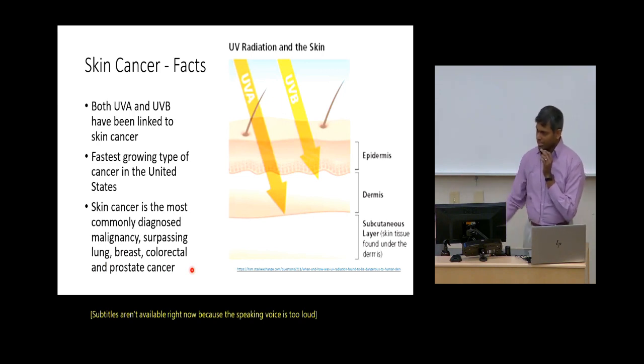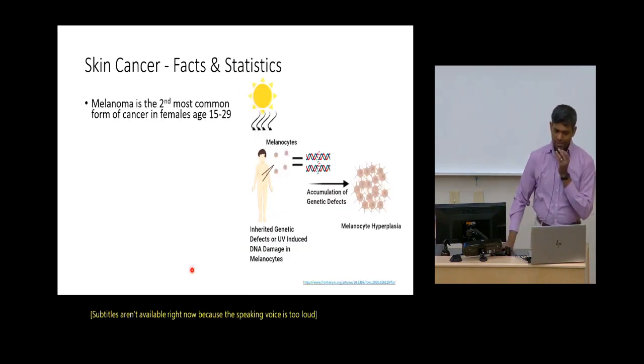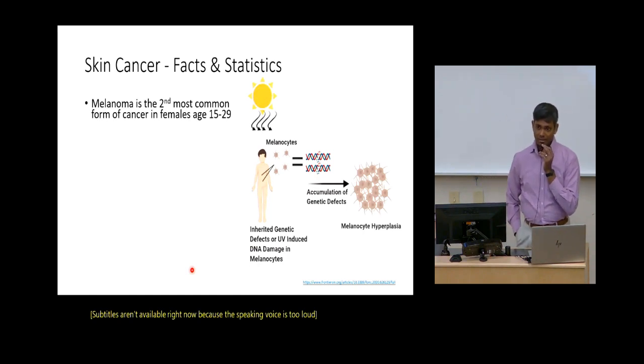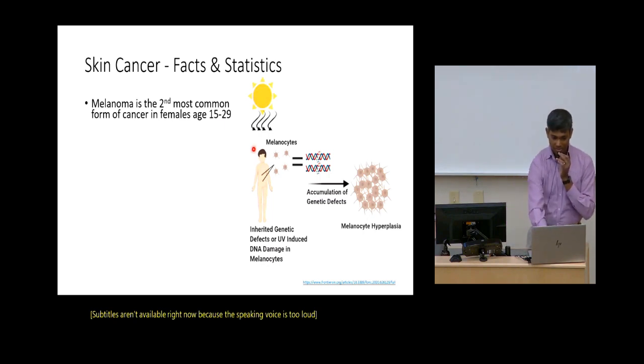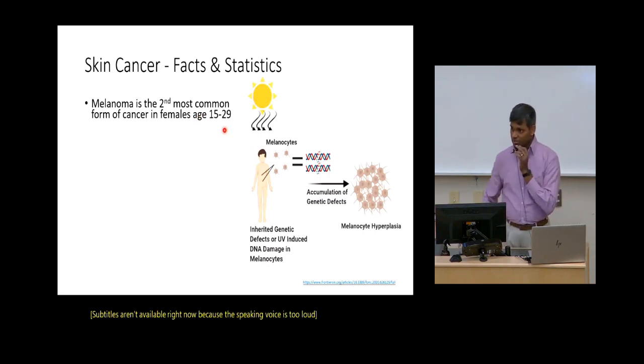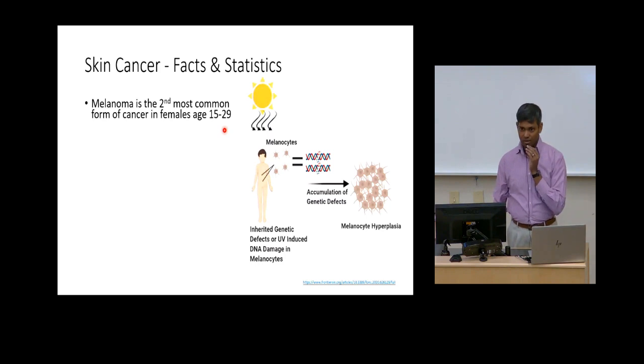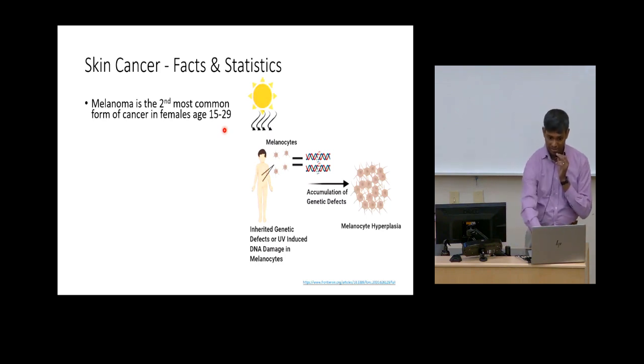Now here are a few statistics about skin cancer. We find that it is the melanoma, or the cancer of the melanocytes. It's going to be the second most common form of cancer in females between the ages of 15 to 29. And the main reason for this is tanning salons, where there's exposure to these UV rays.